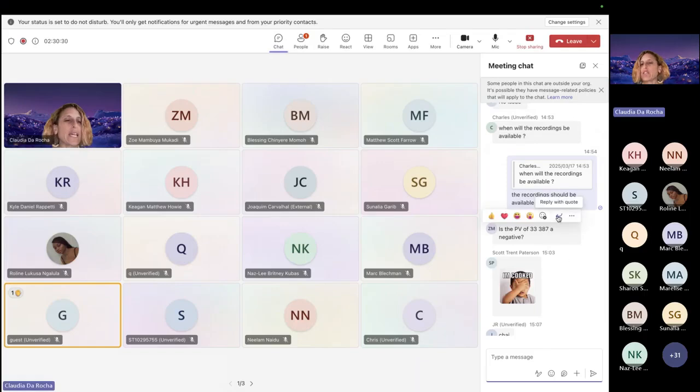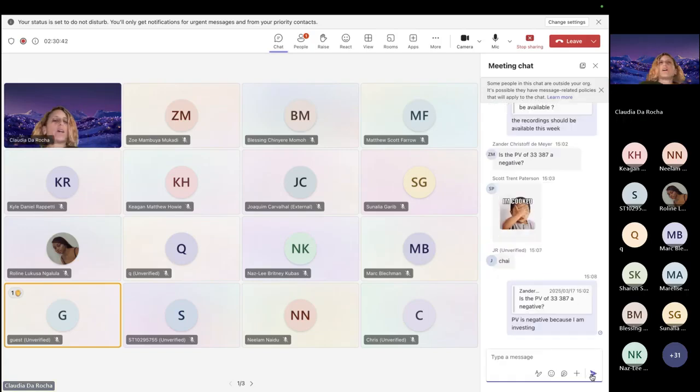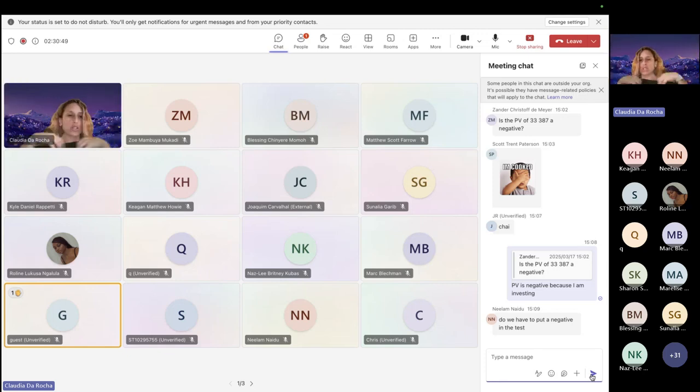Yeah, so the PV is negative just because I'm saying I'm investing. When we invest, we pay money in, so it's negative, and then when we wait for the money to come out, it becomes positive. You don't have to, but it helps with the calculator, because some calculators can't compute when you have your present value and future value together. If you don't put one negative and the other positive, it's not going to compute.